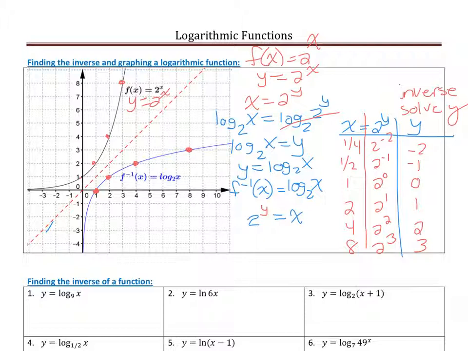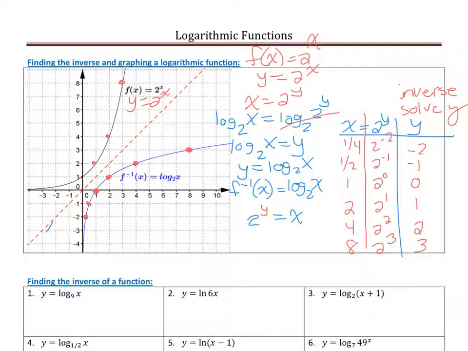And then on the negative side here, if we looked at a very small number like a quarter, we're all the way down here at negative 2. And if we look at an x of 1/2, we're at negative 1. Okay, so this would be what the curve looks like for the inverse function.